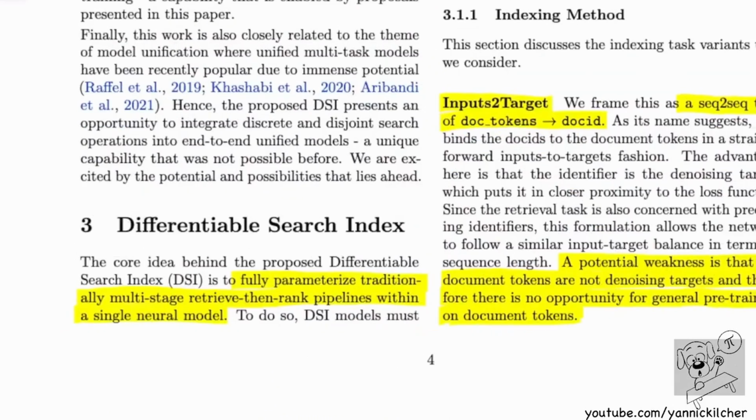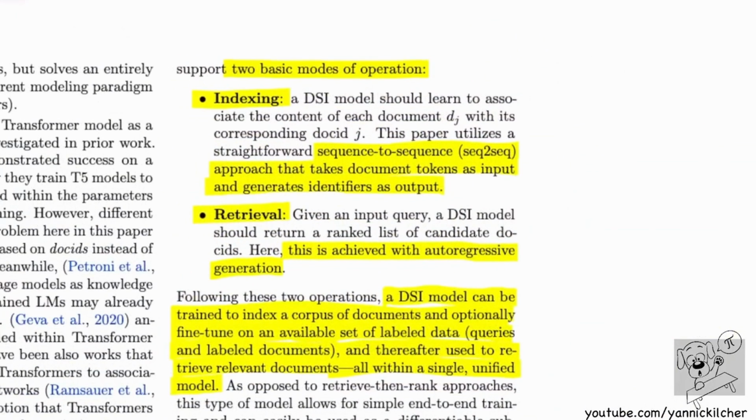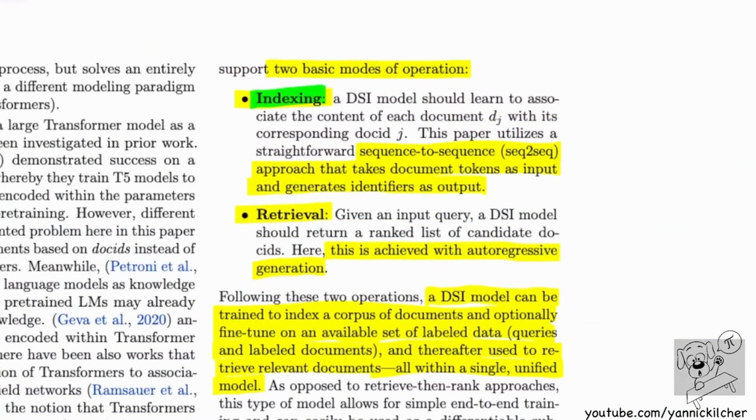So the method is called, as I said, differentiable search index. The goal is to fully parameterize traditionally multi-stage retrieve-then-rank pipelines within a single neural model. That encompasses two operations. First is indexing, and the second is retrieval. In the DSI, we've already discussed this. Indexing is a sequence-to-sequence approach that takes document tokens as input and generates identifiers as output.